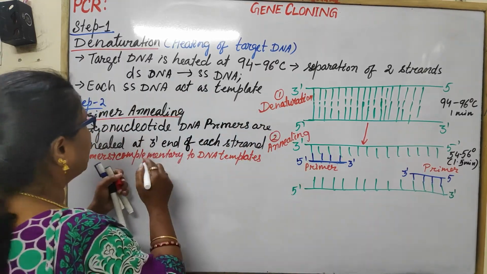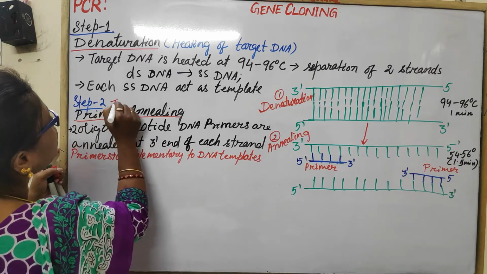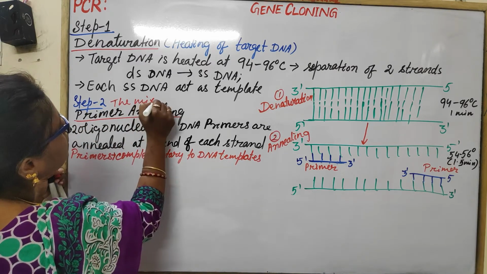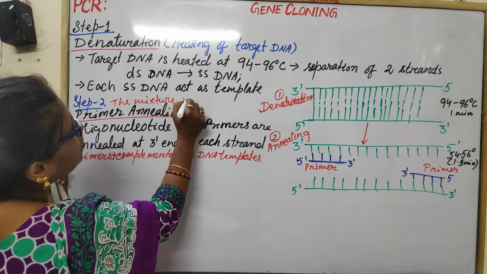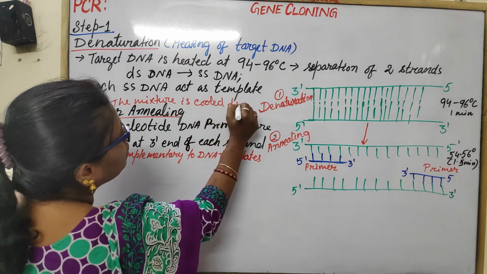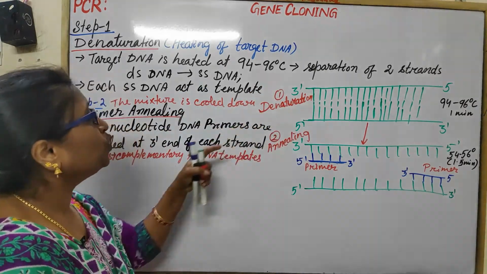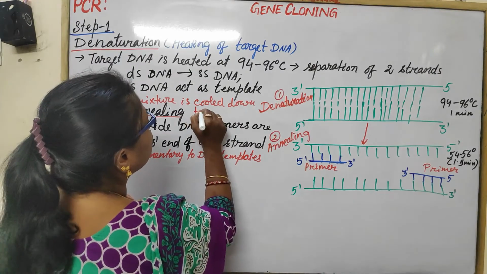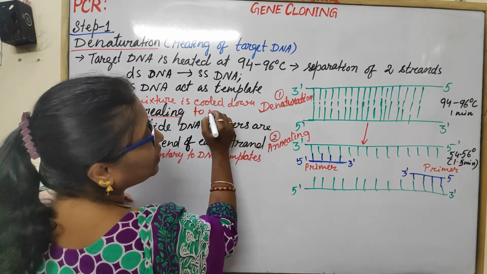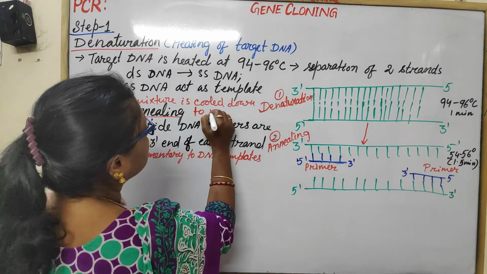In the beginning of step 2, the mixture is cooled down, as it was heated previously, to 54 to 56 degrees Celsius.